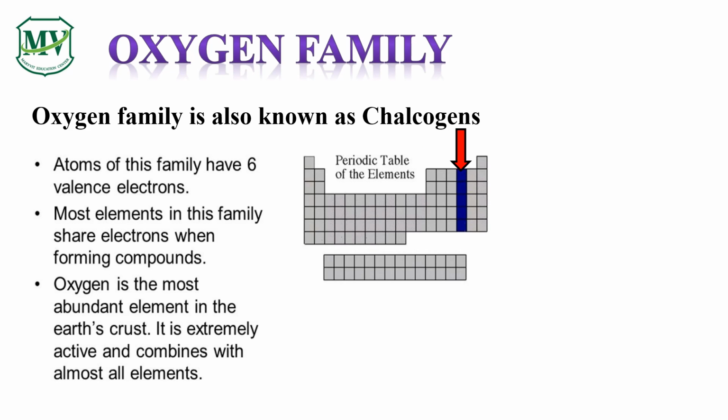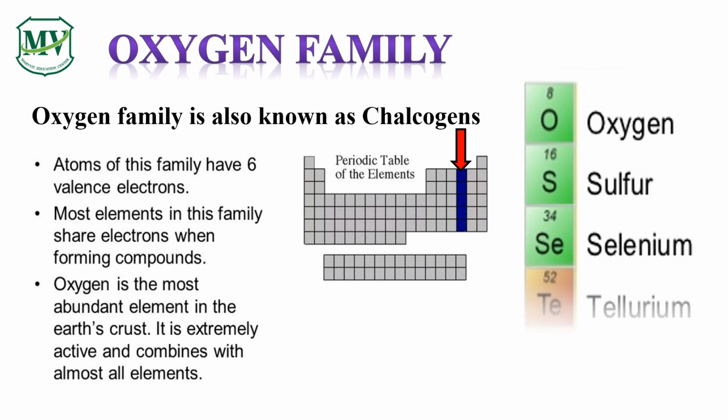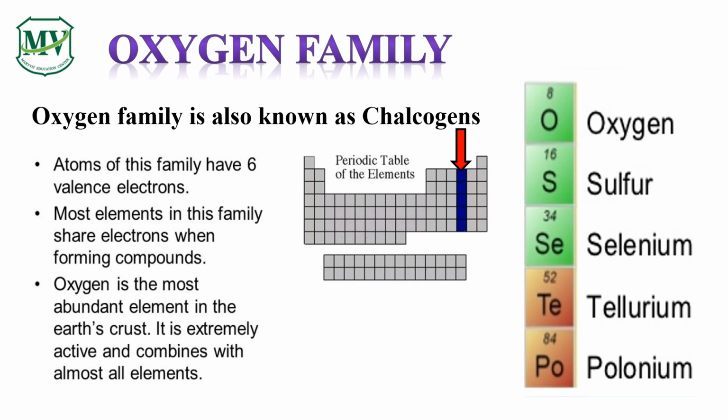Although nitrogen encompasses 78% of the atmosphere, oxygen is the most abundant element in the Earth's crust. Do you know which family oxygen belongs to? You're right. Oxygen belongs to the oxygen or the chalcogens family. So what are the oxygen or the chalcogens family? Nice.